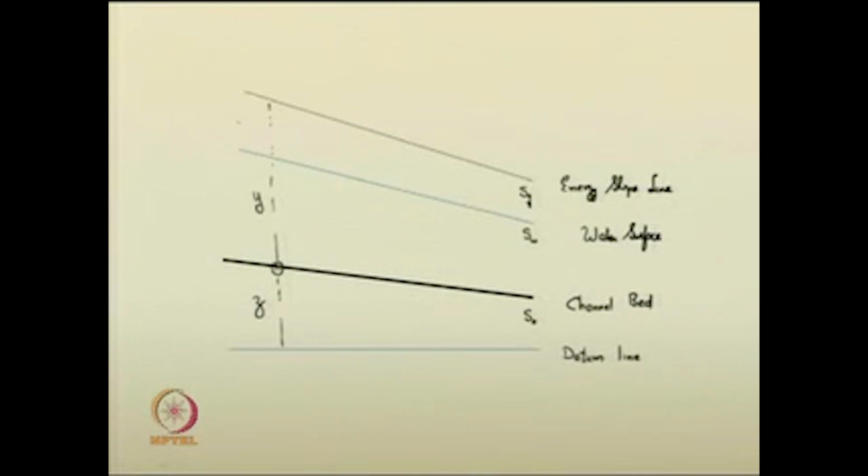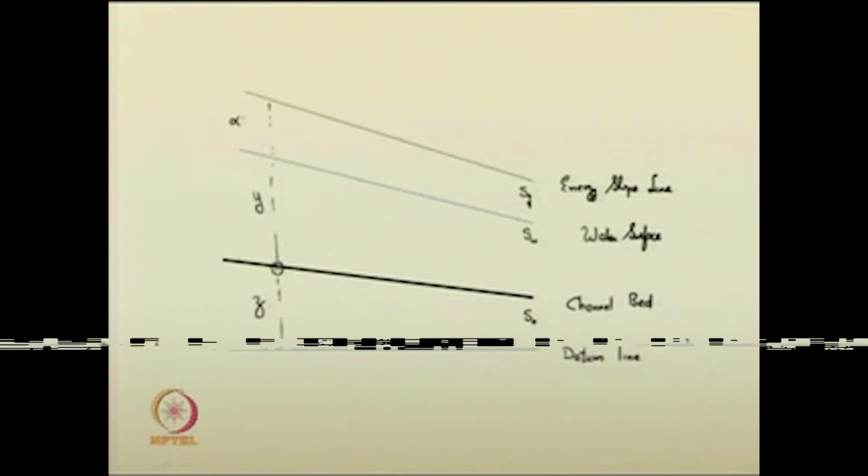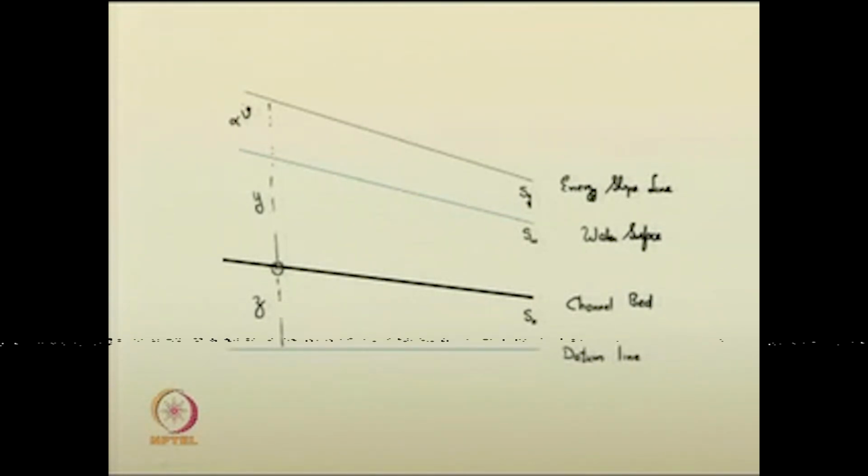The velocity head at this location can be given as alpha v squared by 2g. If you add all these quantities, z plus y plus alpha v squared by 2g, you are going to get the total energy.